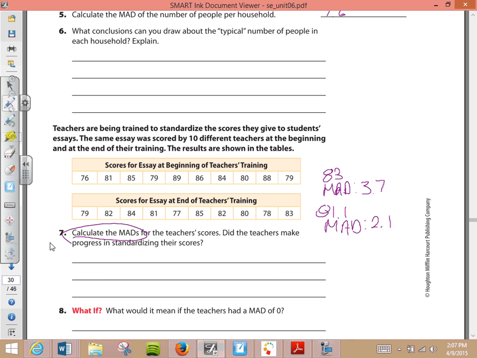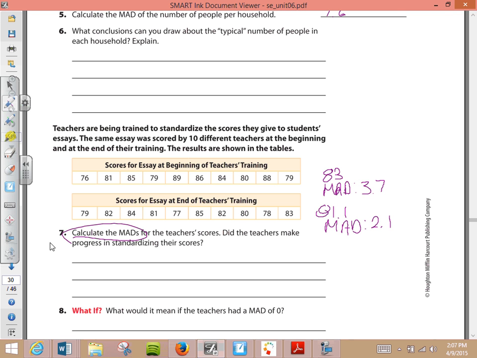It's not about if the scores are higher, because it doesn't matter. If you have a bad essay, you have a bad essay. What matters is if all the people who are scoring it agree with it at the same level. So in the first one, there is a MAD of 3.7 because there is variation on the scores. For example, these 10 people score your essay and you had different scores. You had a score of 76, 85, all of these scores.